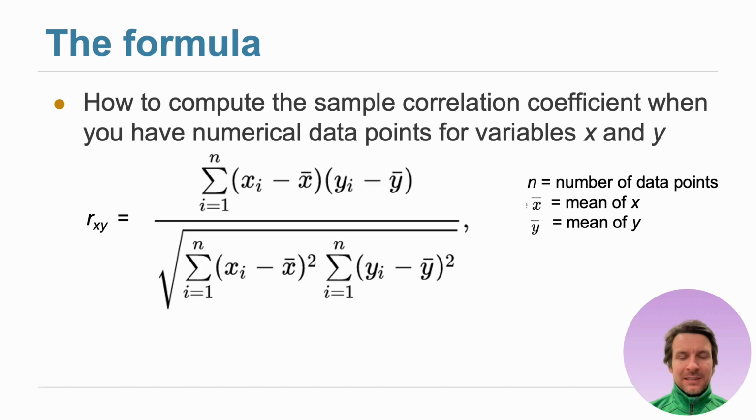Then the mean of xi is the mean of yi's, right? So in the denominator, you will get xi minus the mean of x squared, and the whole thing will be squared. So both of the sums in the denominator will be the same.